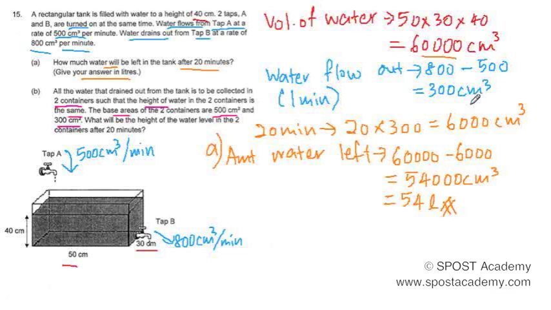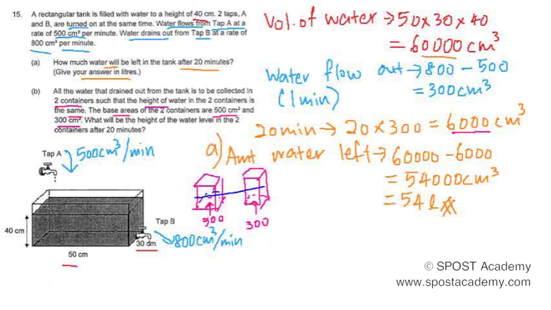So the water that's drained out, this 6,000 cm3 from the 20 minutes, has to be put into two containers, whereby their base areas are different. So one is 500, while the other is 300. But their height must be the same.